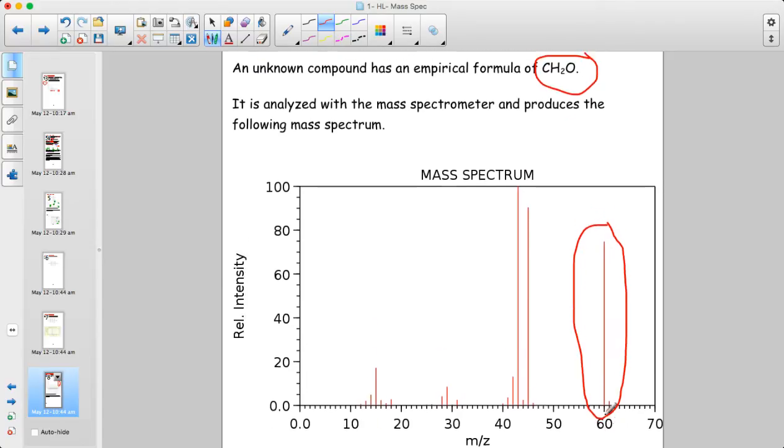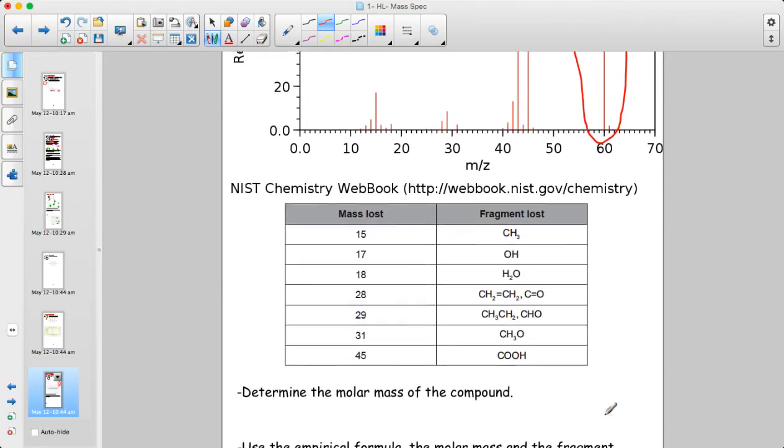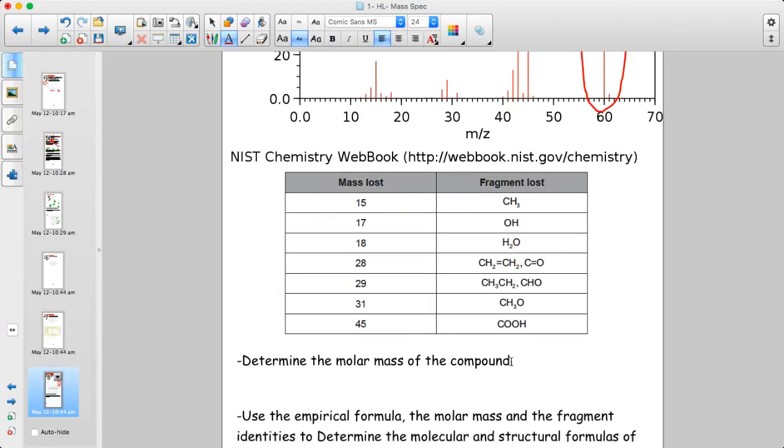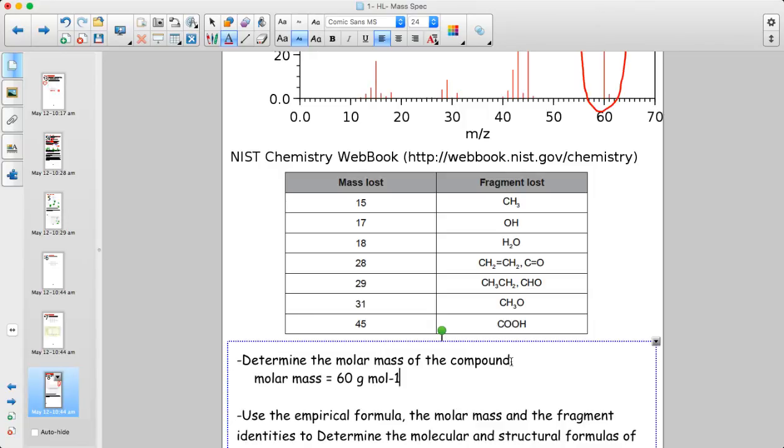So if 60 is the molar mass, then that's really useful, because if I have the empirical formula and I have the molar mass, so if molar mass equals 60 grams per mole, now I can compare that to the empirical formula mass. The empirical formula was CH2O, and if I add that up, that weighs 30 grams per mole.